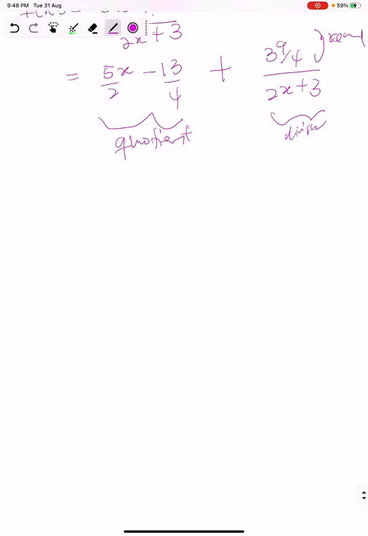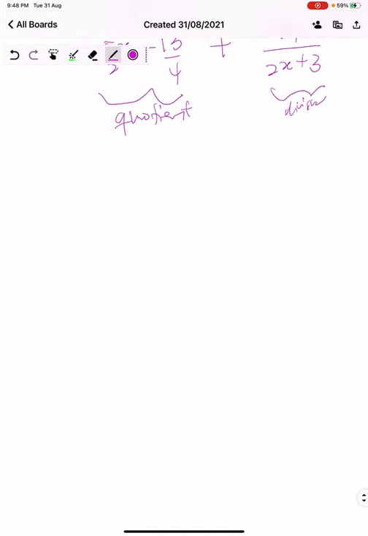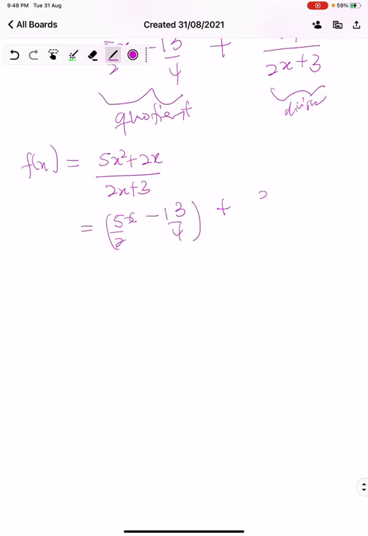All right, so we have f of x equal to (5x squared plus 2x) divided by (2x plus 3). This is the same as 5x over 2 minus 13 over 4, plus (39 over 4) divided by (2x plus 3).